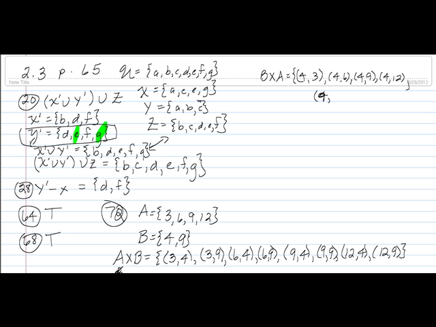So then we go to 9: (9, 3), (9, 6), (9, 9), and (9, 12). So that's our set of ordered pairs for B cross A.